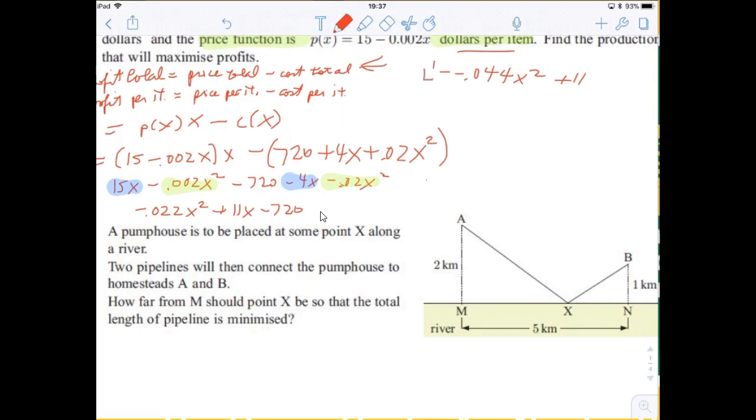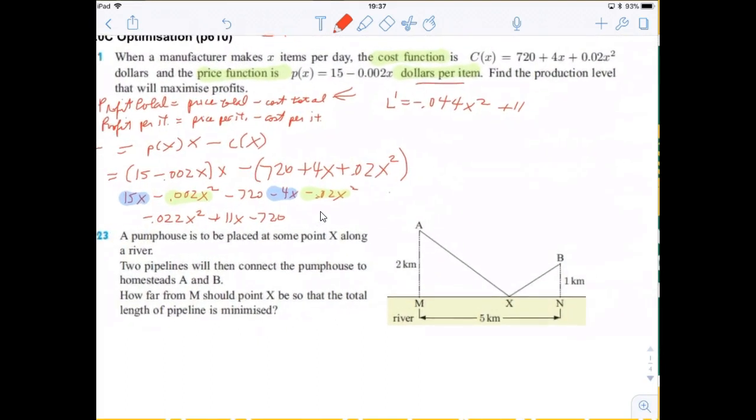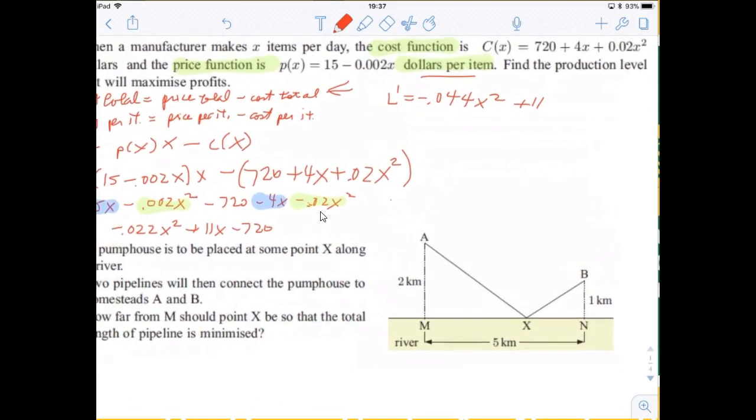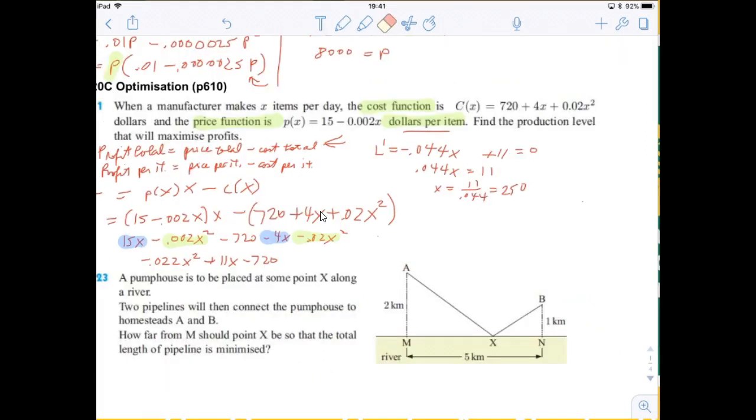We'll call it the lucrative derivative. Oops. The derivative of negative 0.022x squared should be negative 0.044x. Okay. And then we set it equal to 0 because we want the maximum value. And so when we solve for x, we get 0.044x equals 11. x equals 11 divided by 0.044, which is 250. So the optimum number of items to produce is 250.